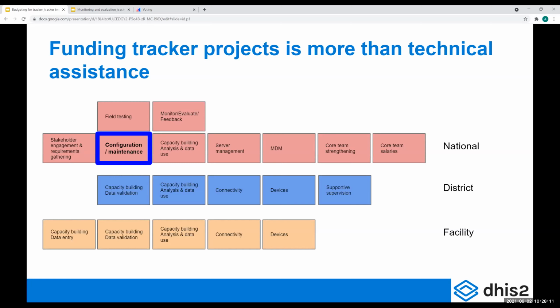We have a comment in the chat. It says, I guess the cost of generating resource, knowledge, material are part of the capacity building. Yeah, you could say that. That's a very good point. That could be a separate box, really. This is one way of representing it, and you could formulate it differently.